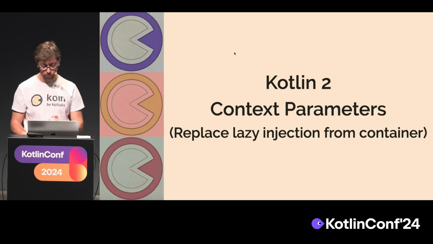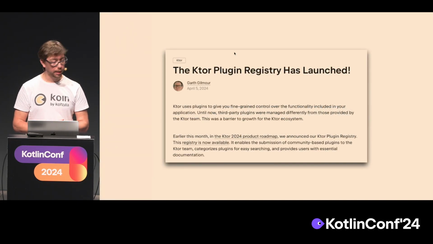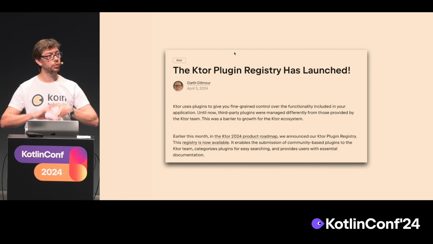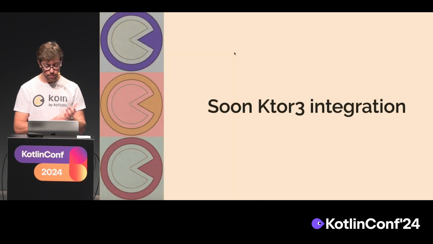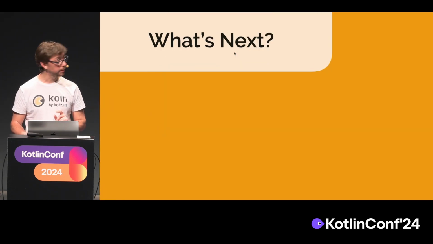Perhaps it could help. Also, the Ktor team has launched a plugin registry, and we will propose a Koin integration that will be automatically inside. Ktor 3 integration is coming soon, still in beta.